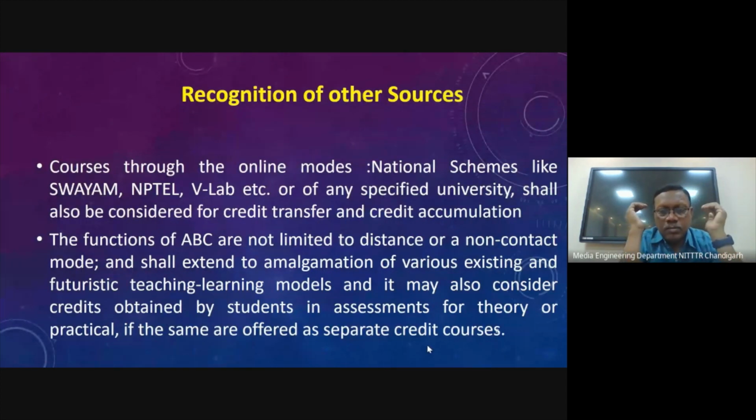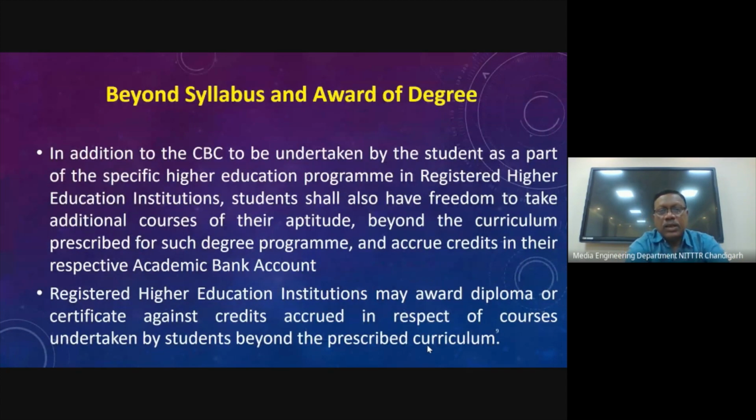Then vocational and non-vocational is also possible. Vocational education and non-formal contact mode, blended mode, all sorts of things are now becoming possible in this type of credit transfer. Then choice-based credit systems: the choice-based courses a student can take from different sources, even from the same higher educational institute, which are beyond syllabus.